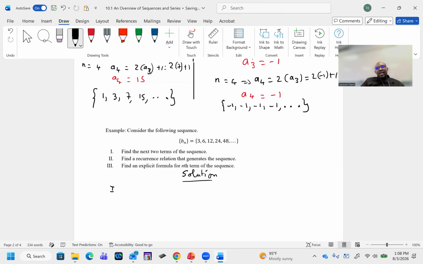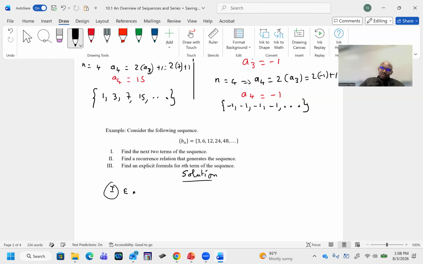So by looking at these terms, each term is obtained by multiplying its predecessor by 2, right? Like you can see, 3 times 2 is 6, 6 times 2 is 12, 12 times 2 is 24, 48 times 2 will be 96. So let me just write this one so you can see.